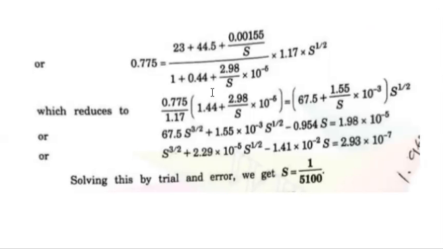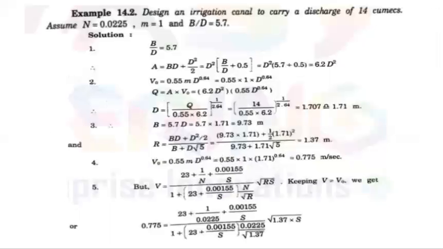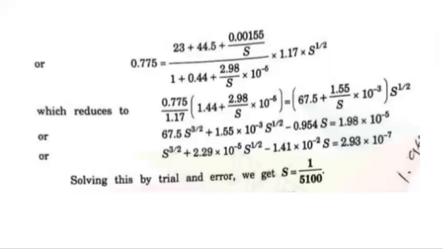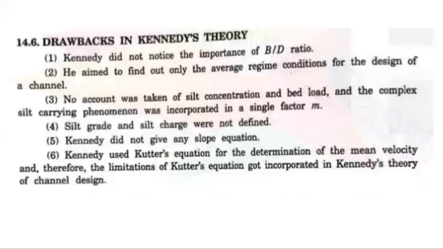So you can also use the trial and error method to get a feasible slope if possible, because that's the method, you have to use trial and error to get the feasible slope.